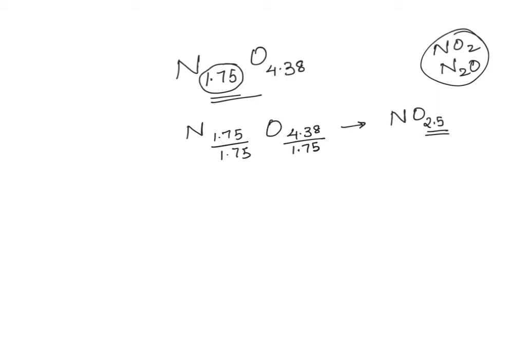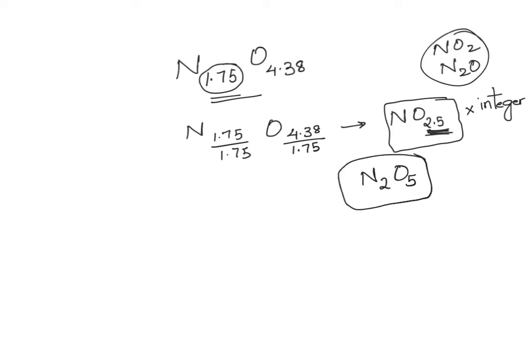So what do we do? We multiply this entire formula by an integer so we get whole numbers here. I choose to multiply by 2. Why? Because 2.5 multiplied by 2 will give me a whole number. So N2O5. That is the empirical formula of the compound.